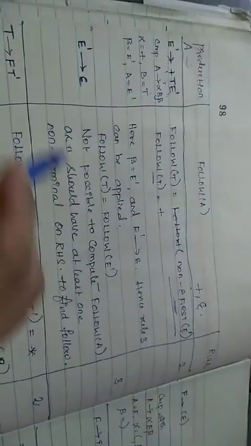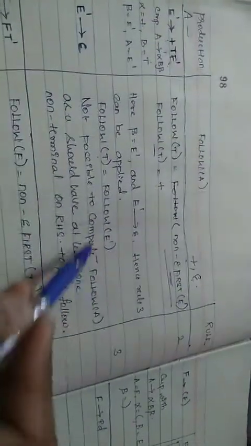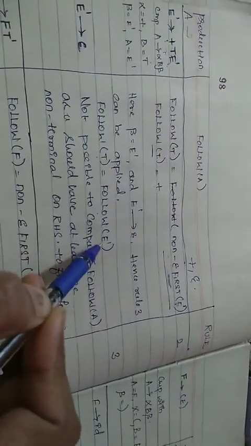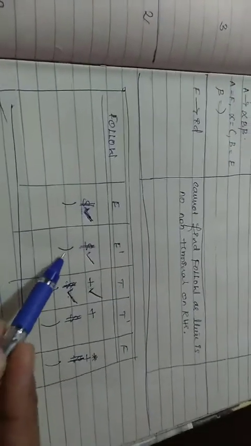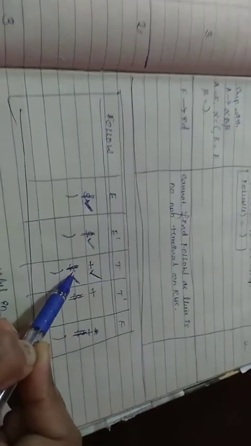Follow of B equals follow of A. What is B here? T, no? So follow of T equals follow of A. What is A? E dash. So whatever is there in E dash will go to T. What is there in E dash right now? Only dollar. That is there already. See, the open parenthesis and closed parenthesis will come later.